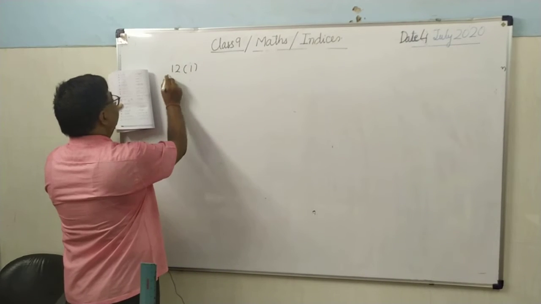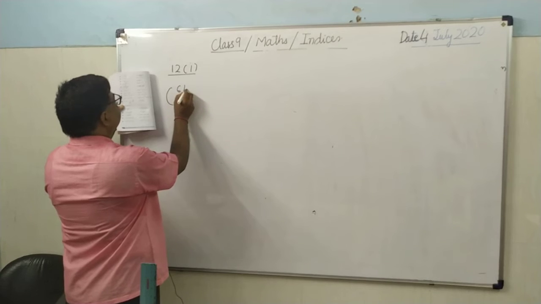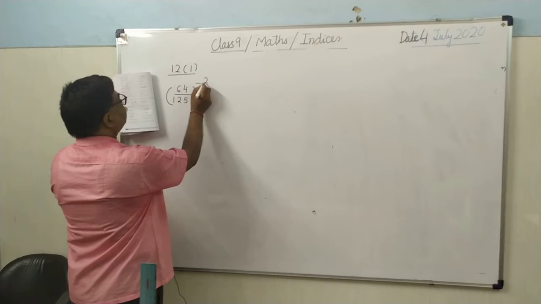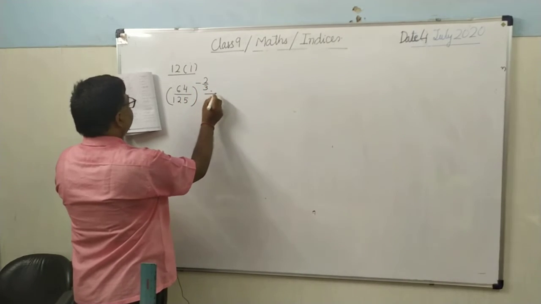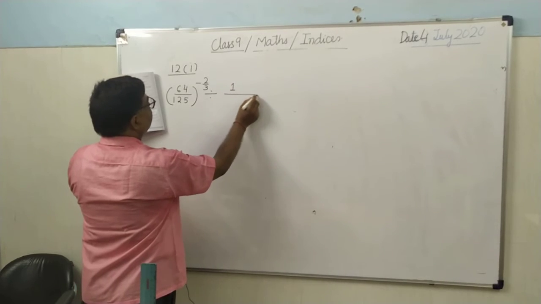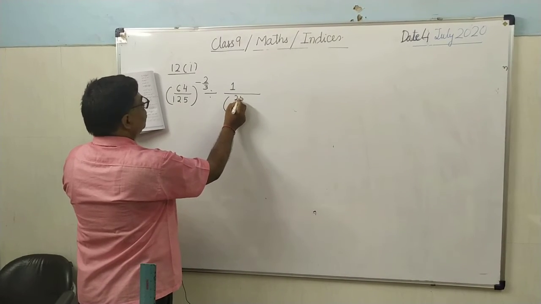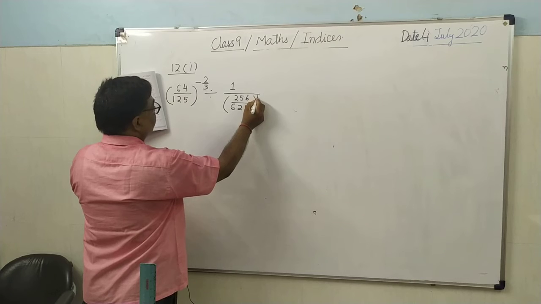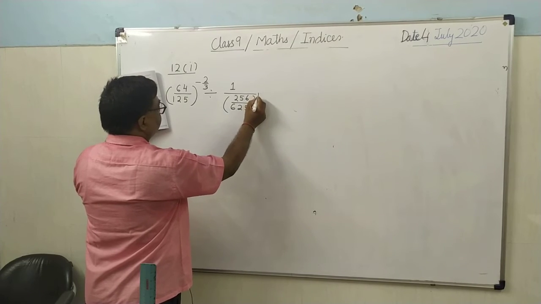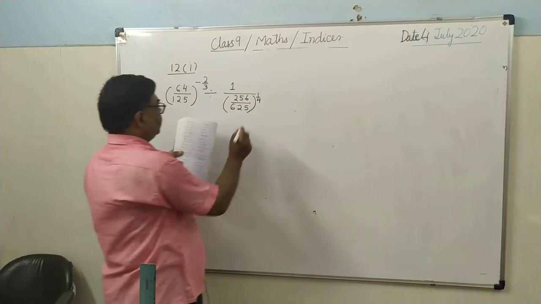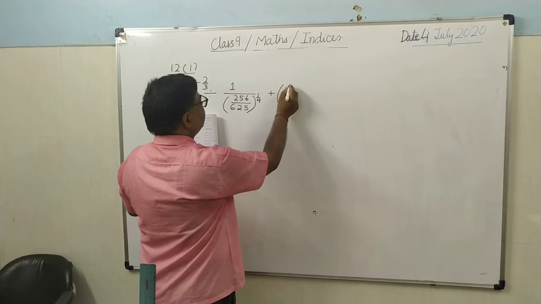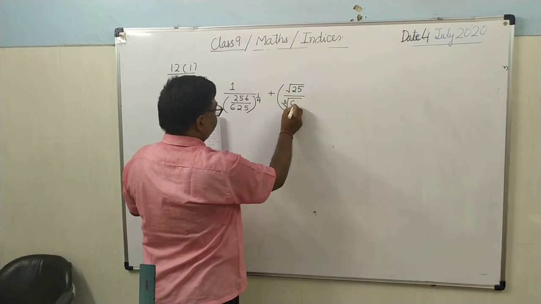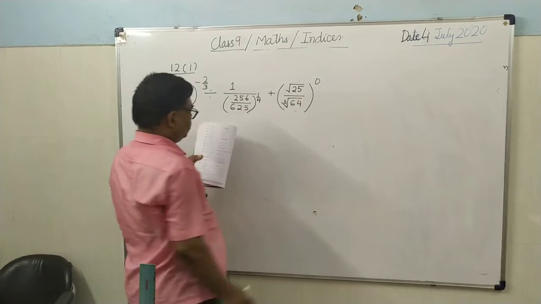Question number 12, first part. 64 upon 125 whole to the power minus 2 upon 3, divided by 256 upon 625 whole to the power 1 by 4, plus square root 25 plus cube root 64 whole to the power 0.